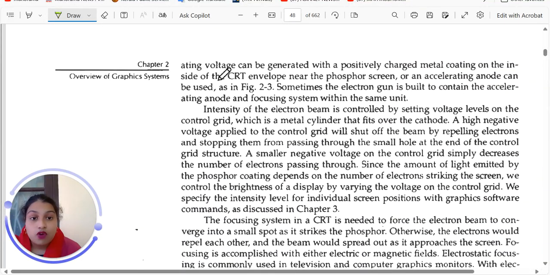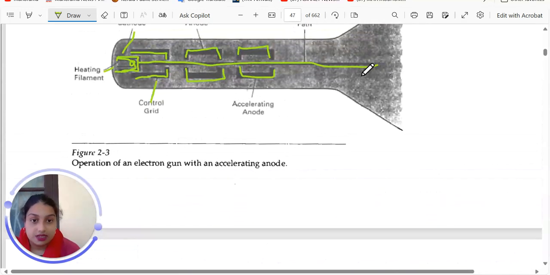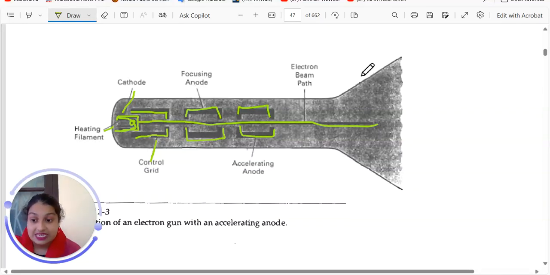The accelerating voltage can be generated with a positively charged metal coating on the inside of the CRT envelope near the phosphor screen, or an accelerating anode can be used. So we can determine the voltage using the accelerating anode.